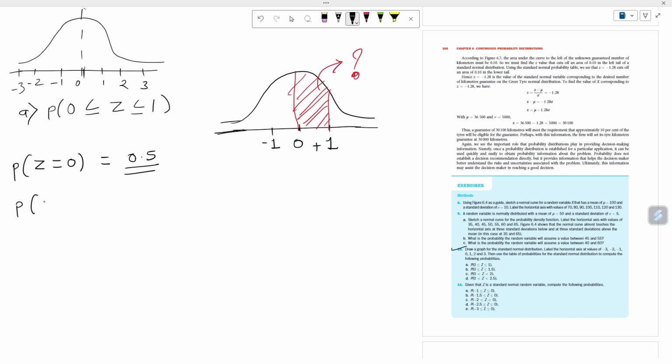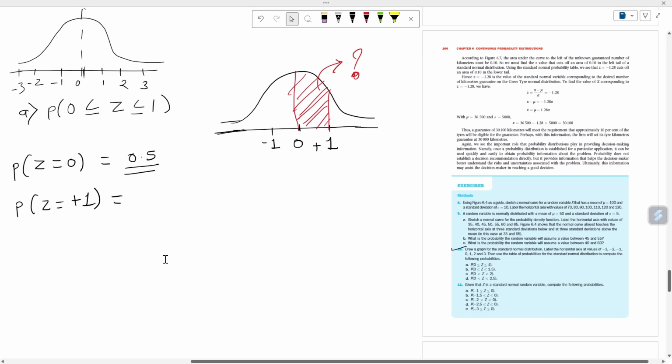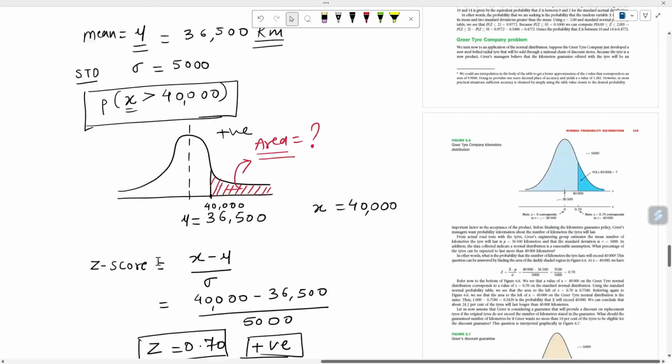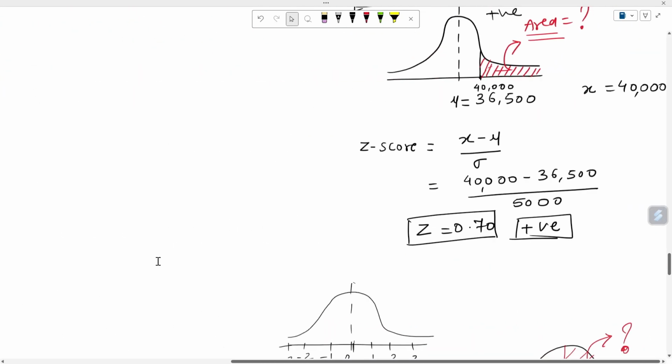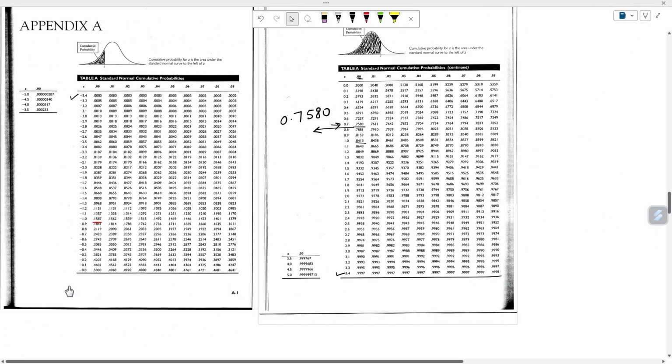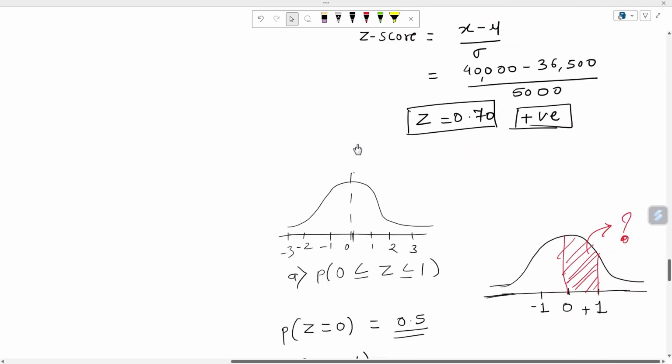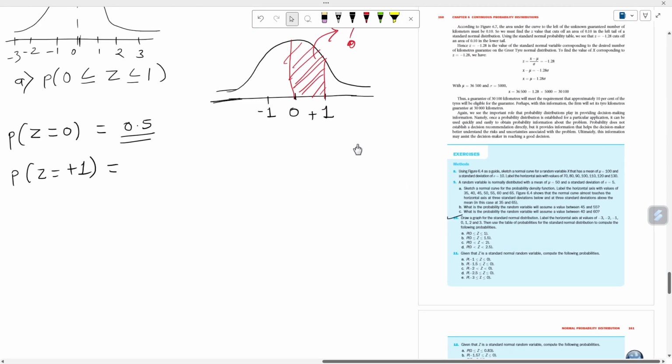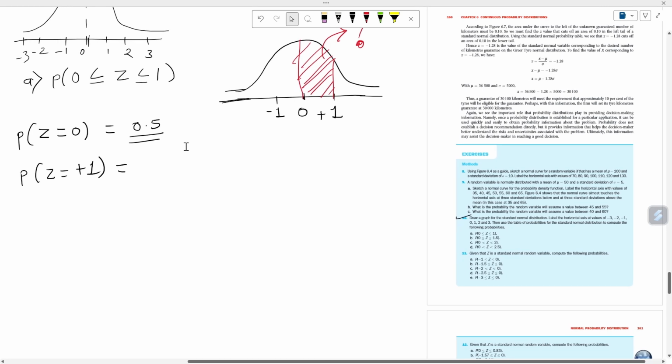Similarly, the probability for z equal to positive 1, we also need to check. As I told you, z of 0 is 0.5 and the z score of 1 is 0.8413.